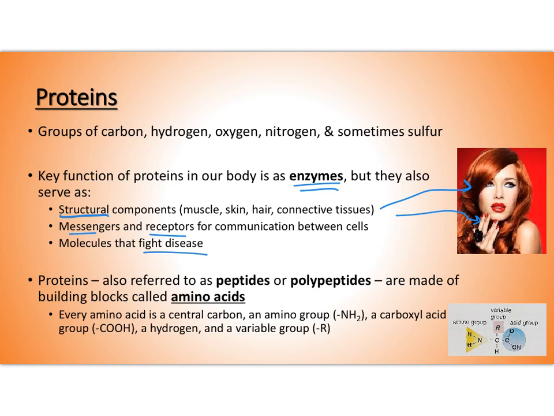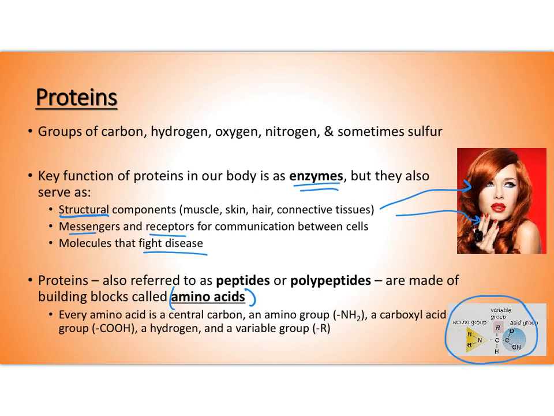But proteins are fairly complex in their structure. Other terms for protein include peptide and polypeptide. But ultimately, all of these things are made up of amino acids. And amino acids have a common structure.